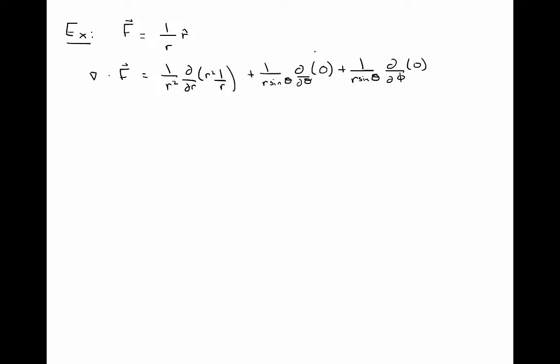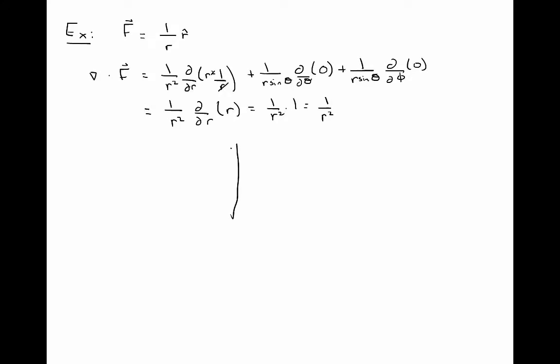There's no theta or phi components, so these are just 0. The theta and phi parts are just going to give us 0. So then we just have to deal with our component. So in this one, the divergence is 1 over r squared.